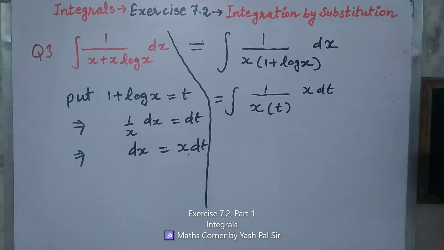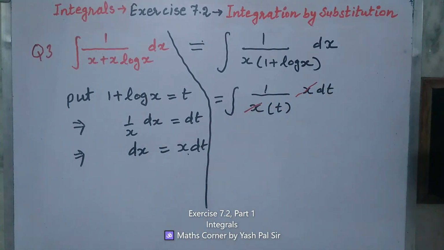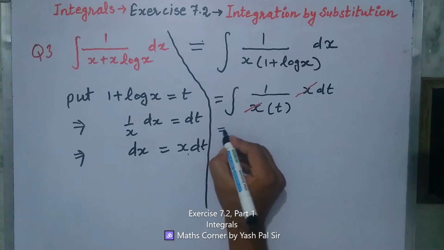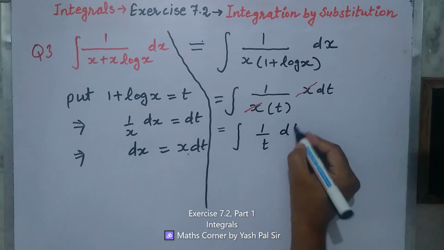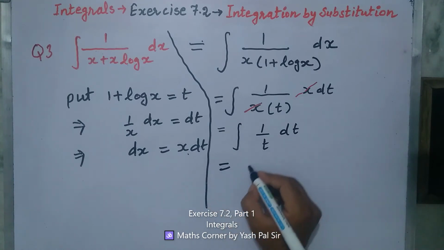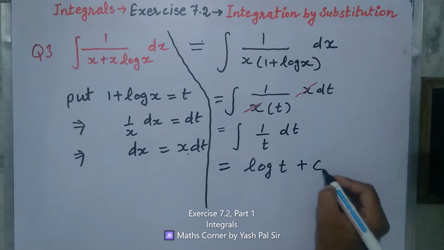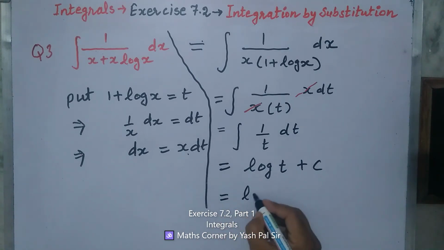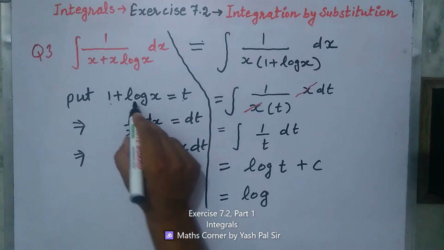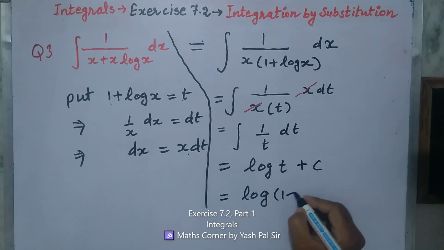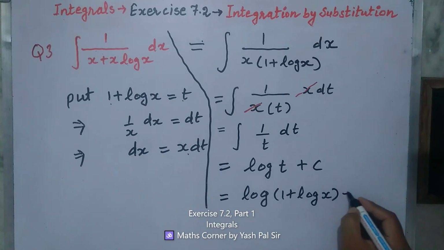So now this x gets cancelled, we are left with 1 upon t dt. So what is the integration, log of t plus c, is equal to log of, what is the original value of t, this is 1 plus log x, so log of (1 plus log of x) plus c.